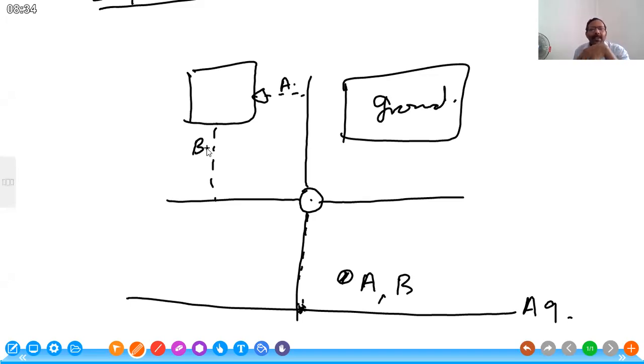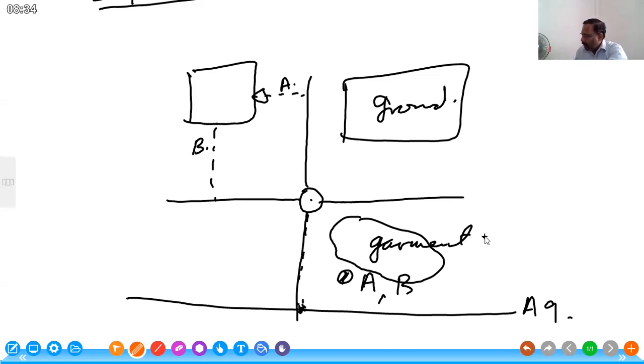You all have used this pathway. That is why I'm asking. Haven't you visited Aravial Nagar? There's a garment here, for example. So who can reach the faculty dean's office very quickly? Yes. A can reach, because this is a shorter distance.